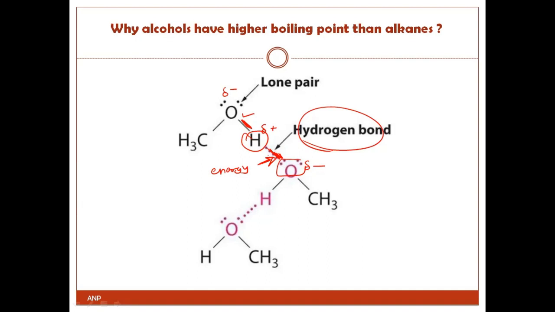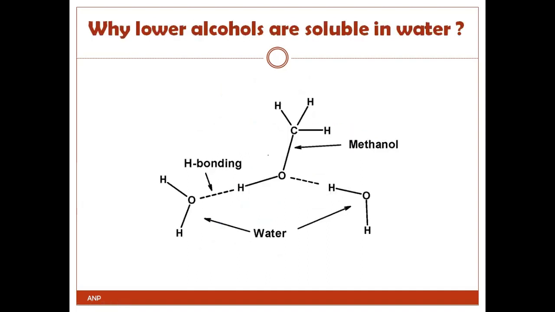Alkanes, which have no OH group, do not undergo hydrogen bonding and therefore their boiling points are low as compared to alcohols. So this is the reason why alcohols have higher boiling points than alkanes. Next, why are lower alcohols soluble in water? Same reason.